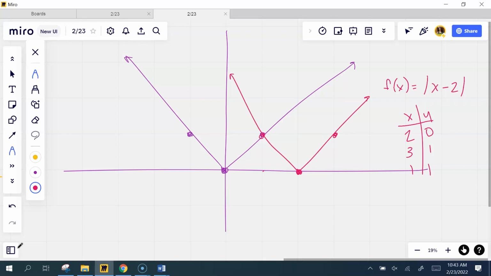What's happened here? I moved to the right 2.